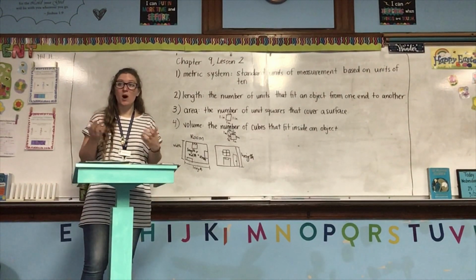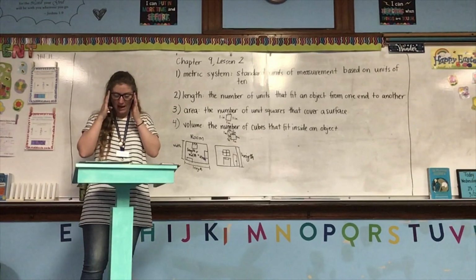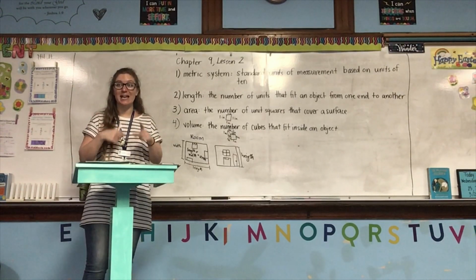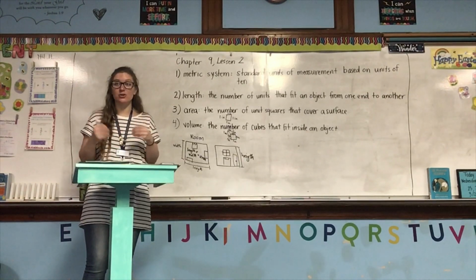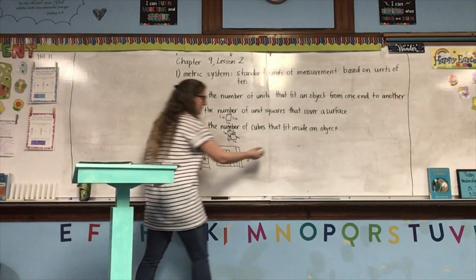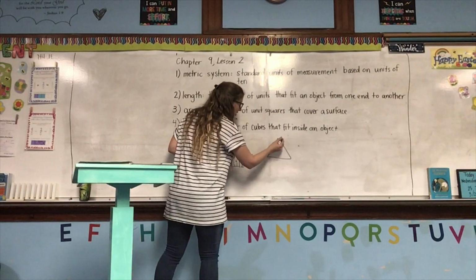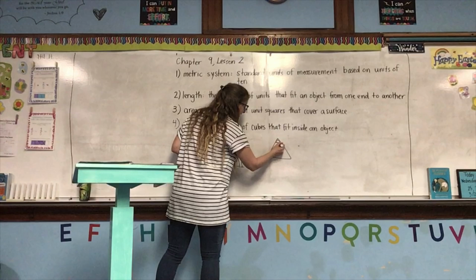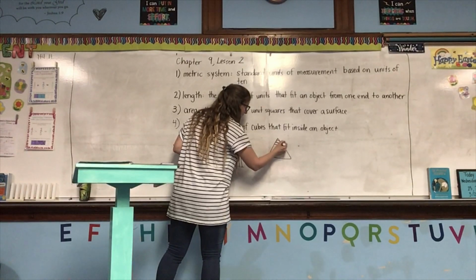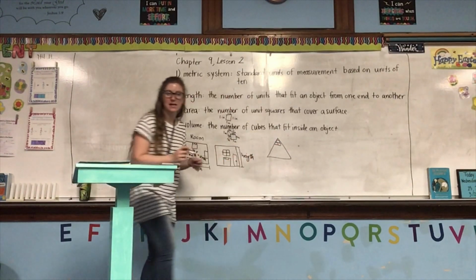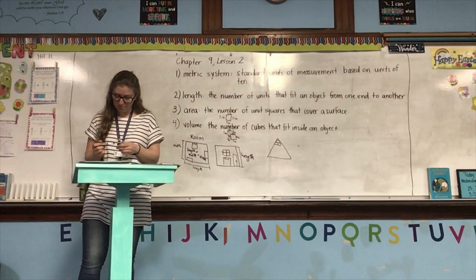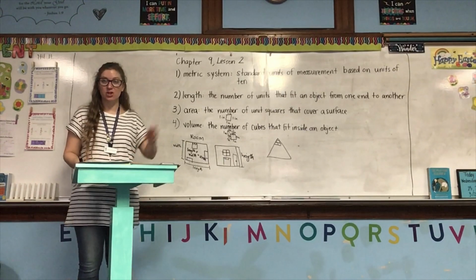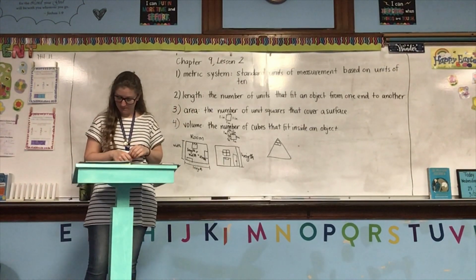Okay, so what you could do to measure the area of a triangle is you could draw squares that are identical in the triangle. So wherever you can fit, you're going to draw squares that are all exactly the same size. Now my picture is not going to have squares that are exactly the same size, but something like that. Then count how many squares you covered your triangle with.